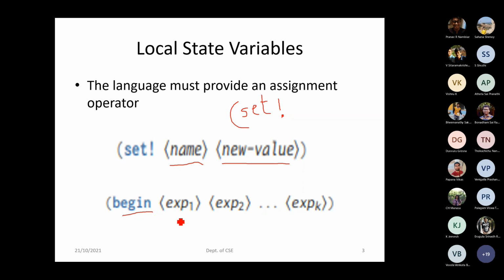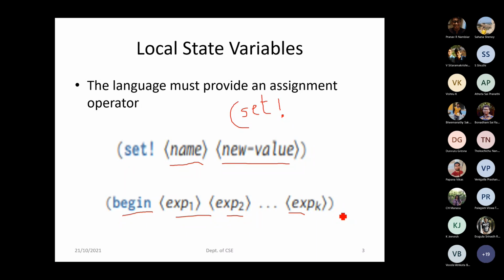Put all the expressions or statements together inside begin: begin, expression 1, expression 2, and so on up to however many statements you have, and close the bracket. So it becomes like a block, like opening and closing curly braces in C or C++. You get the same effect when you use begin.